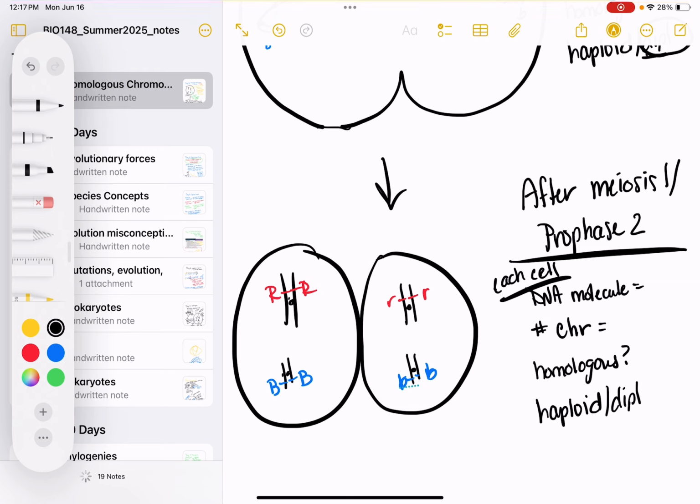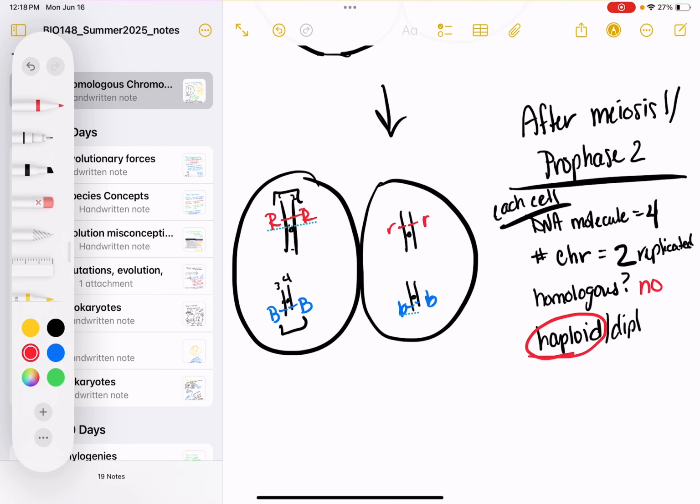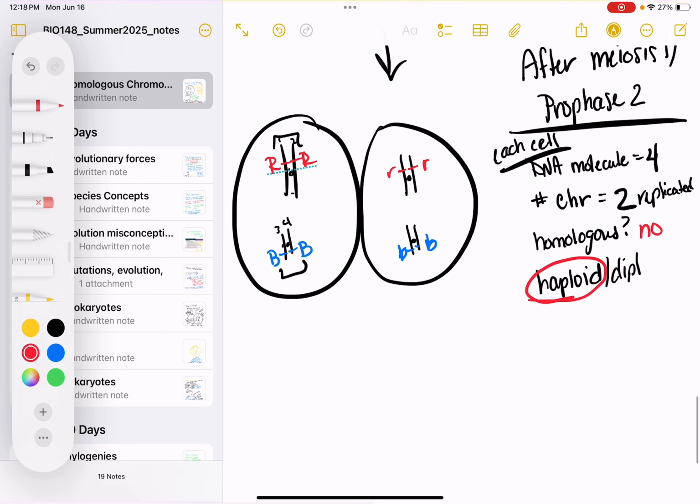Here I have 4 DNA molecules, but 2 replicated chromosomes. Note that even though I have sister chromatids, I don't have homologous chromosomes. So now I have no homologous chromosomes, so I'm at a haploid state. At the beginning of prophase 2, I'm at a haploid state.